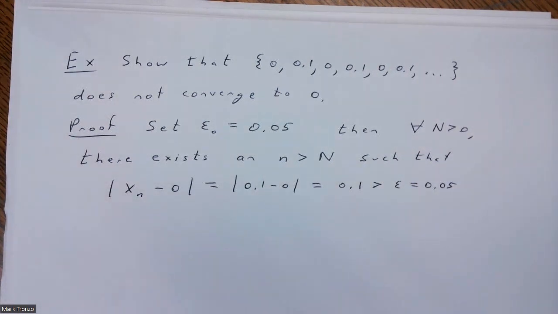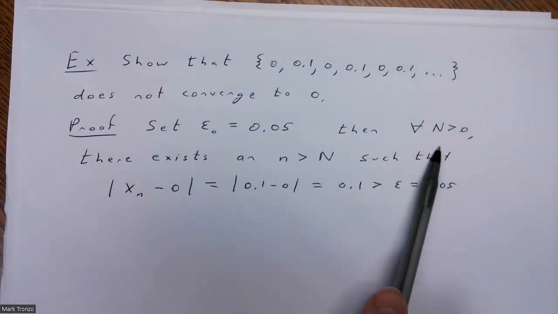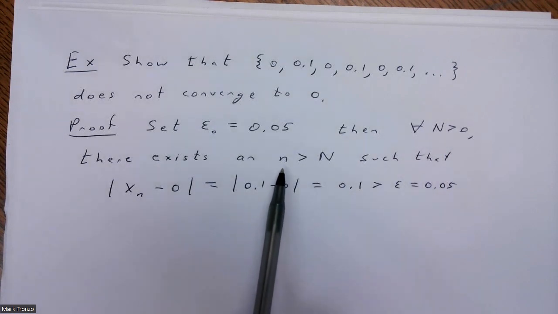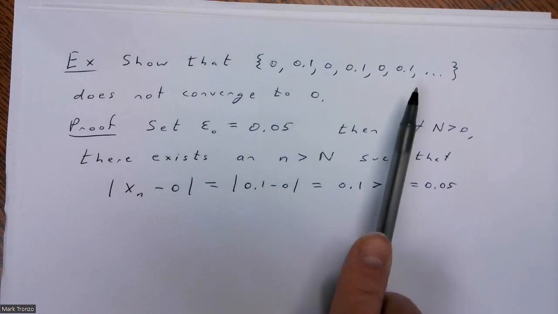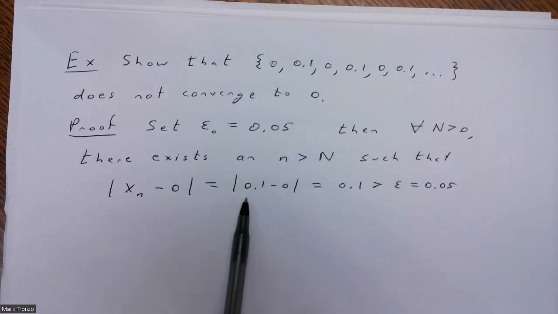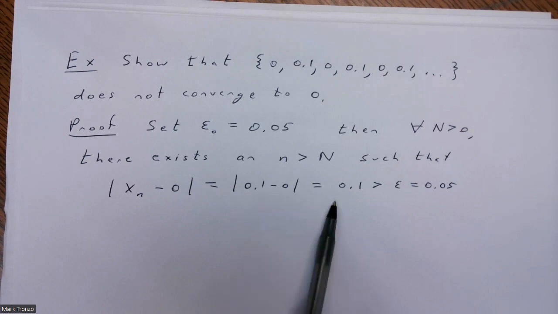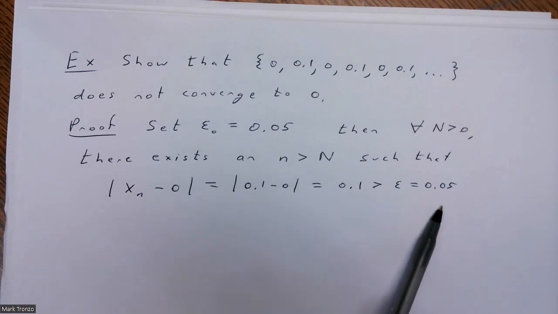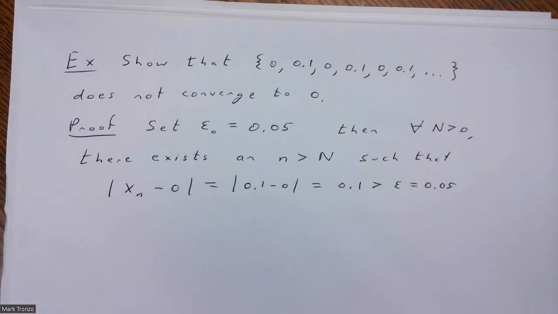So the idea is we're able to find an epsilon such that no matter what capital N we pick, we can always find a small n bigger than that capital N where a member of the sequence is 0.1, then we take 0.1 minus our proposed limit, and that's going to be greater than epsilon. So this proves this does not converge.